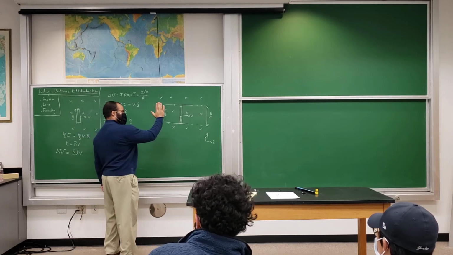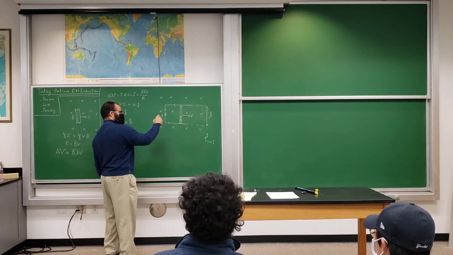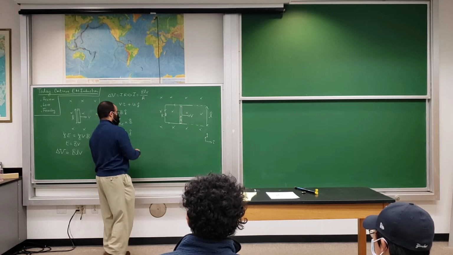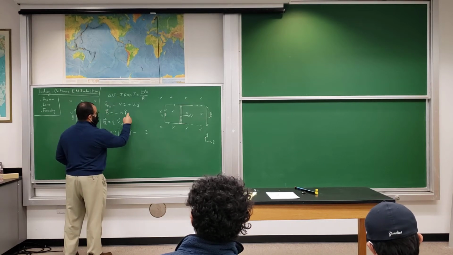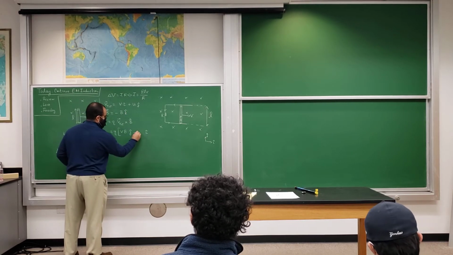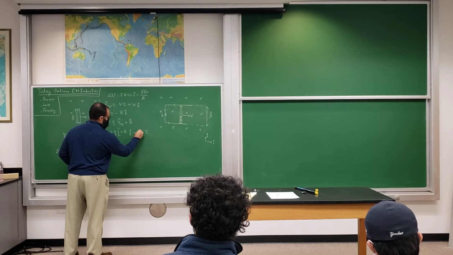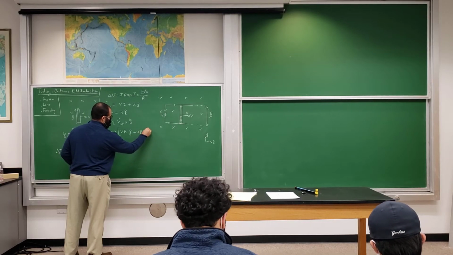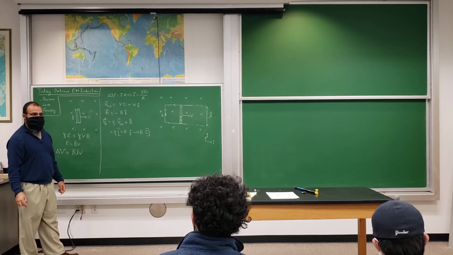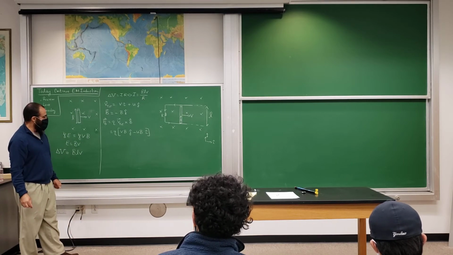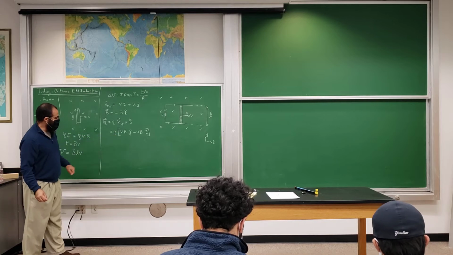Curve your fingers from this vector toward this vector. And you get, yes, minus I hat, and that's U and V. You can factor V out.